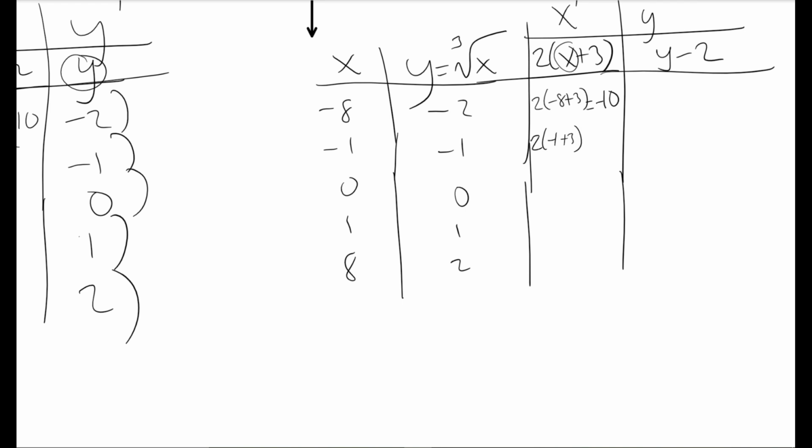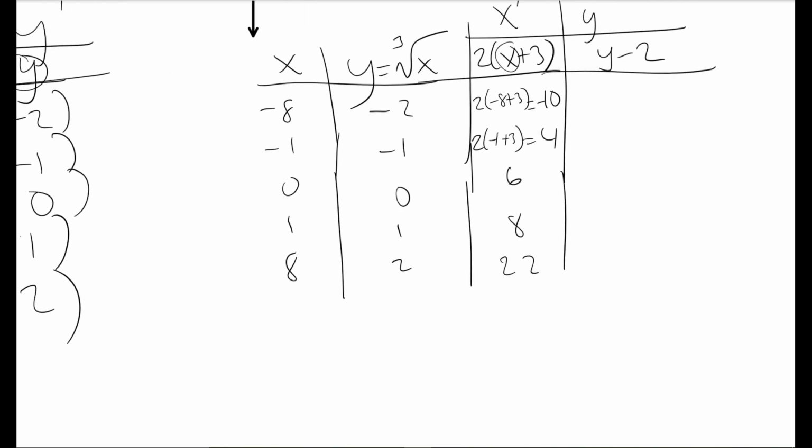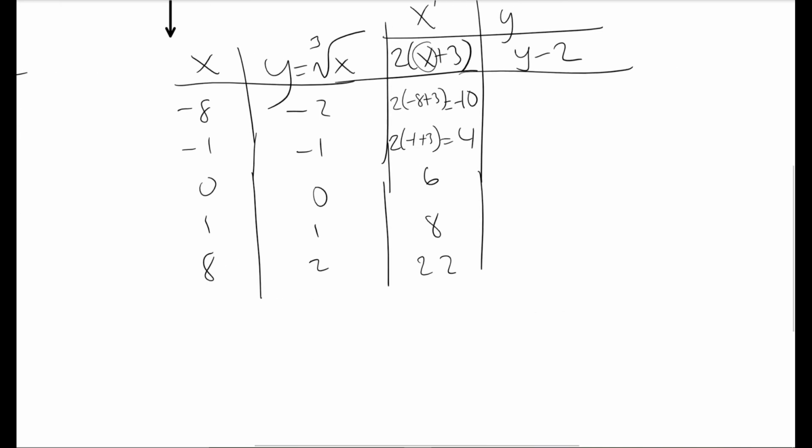Negative 1 plus 3 is 2, and then 2 times 2 is 4. So this becomes 4. And then we're going to repeat. So 0 plus 3 is 3, 3 times 2 is 6, 1 plus 3 is 4, 4 times 2 is 8, 8 plus 3 is 11, 11 times 2 is 22. Wow, that's a big number.